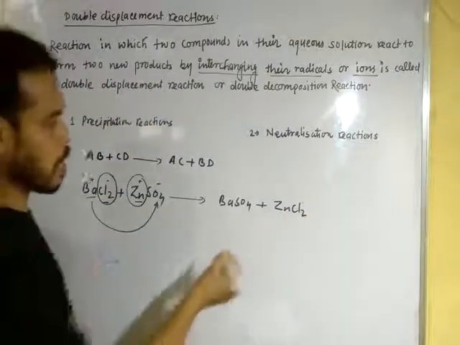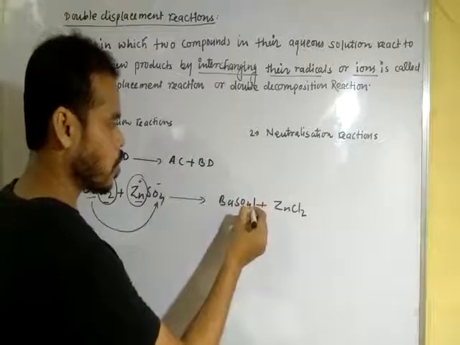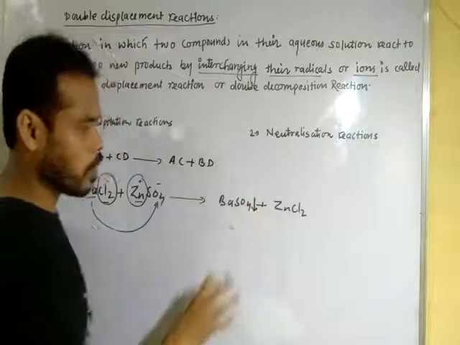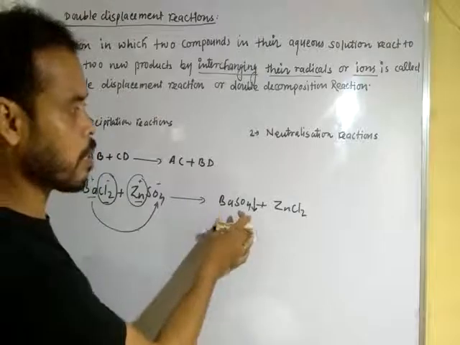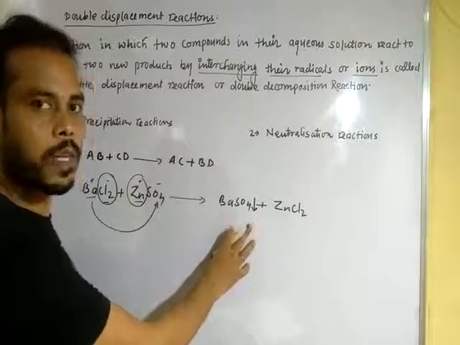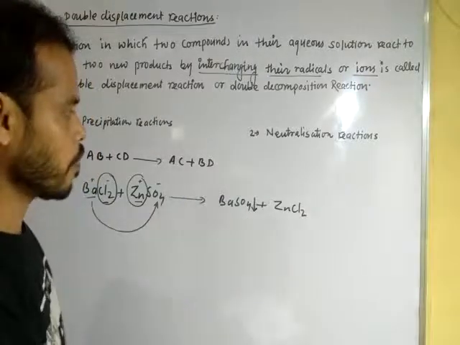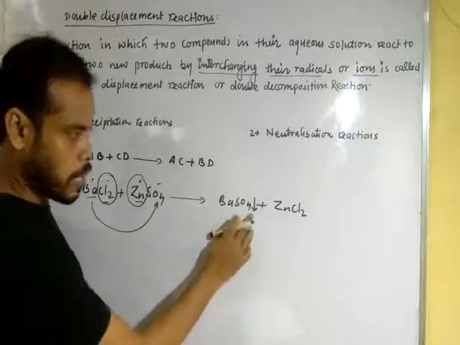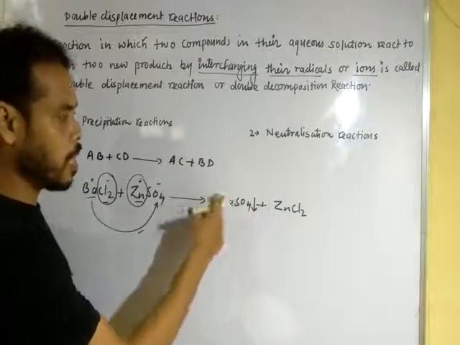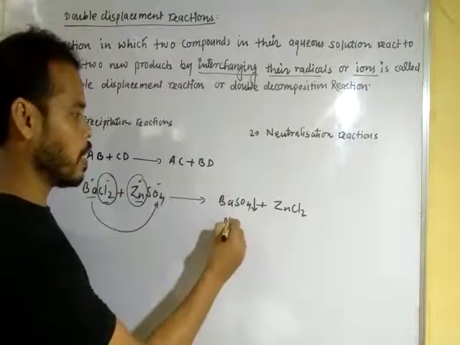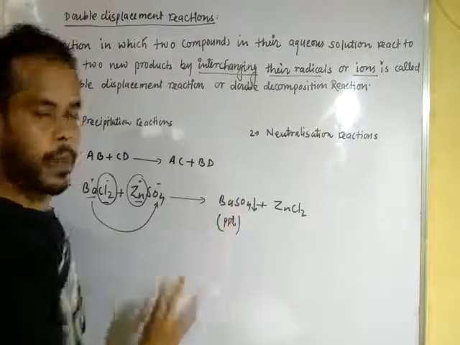Now here barium sulfate is a precipitate, so one arrow is put beside barium sulfate in the downward direction. This arrow represents that barium sulfate is the precipitate, PPT.